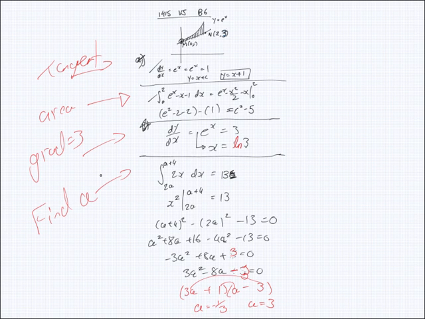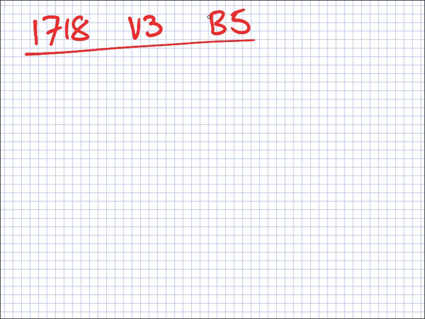Right, we have time for one more question anyways. Sir, can we do a slither with no top? Have you got it? It's 1718 version 3b5. Okay, let me write that down. Figure 3a shows a can, isn't it?